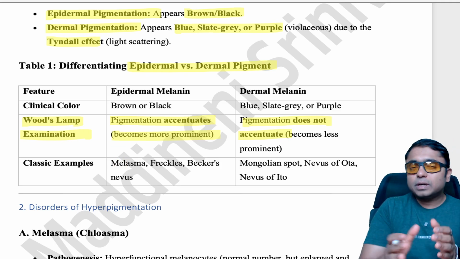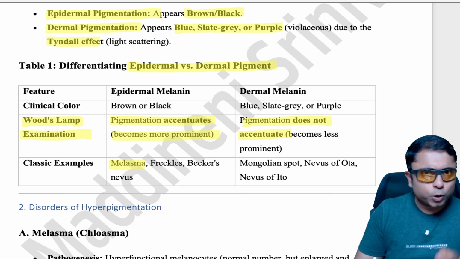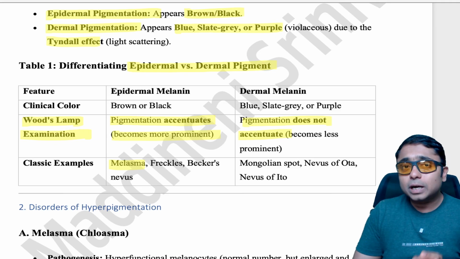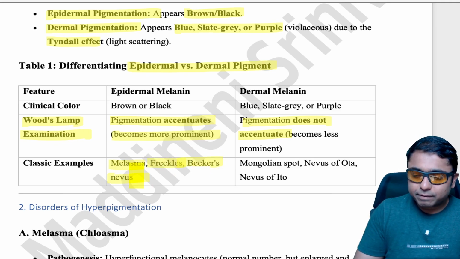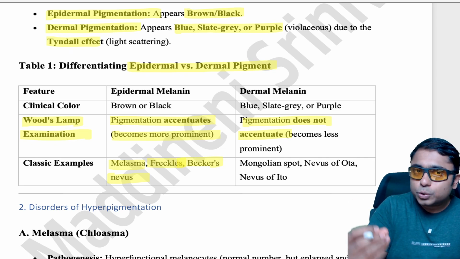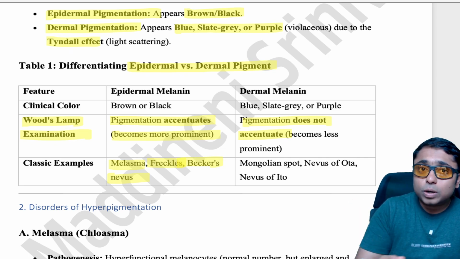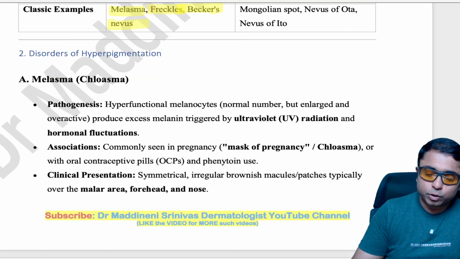Classic examples for conditions having the pigment in the epidermis: melasma, I hope you remember this, which is also called Chloasma in pregnancy, freckles and Becker's nevus. Coming to the melanin in the dermis, you should remember dermal melanocytosis: Mongolian spot, nevus of Ota, nevus of Ito. These are the three conditions which you have to remember.